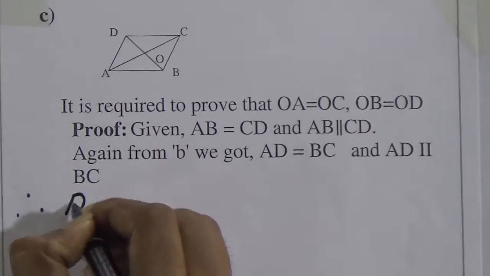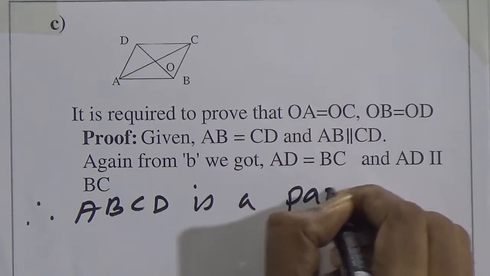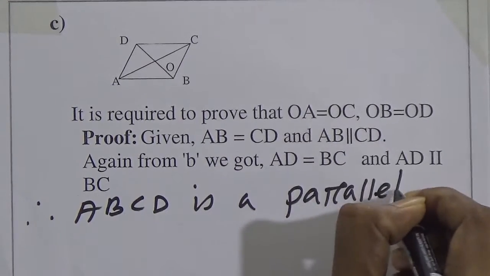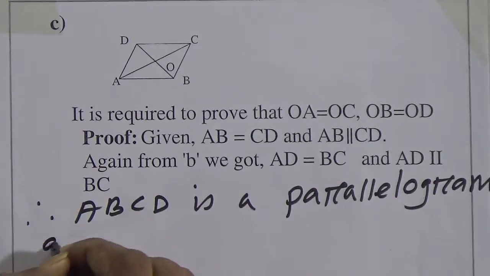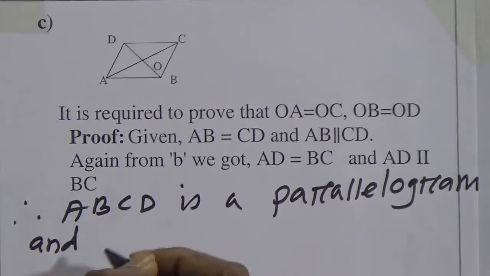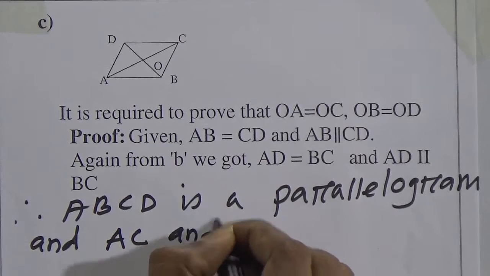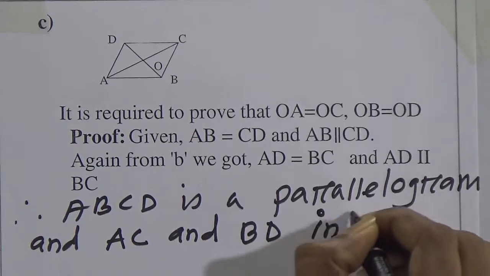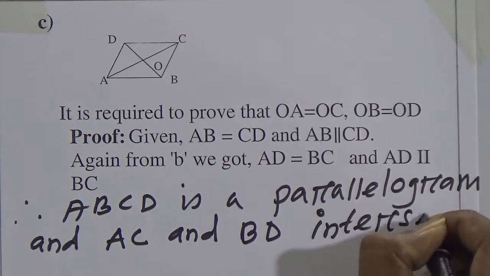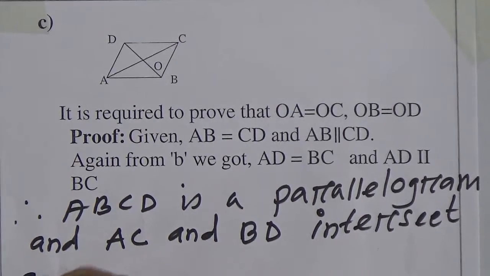Therefore, ABCD is a parallelogram, and AC and BD intersect at O.